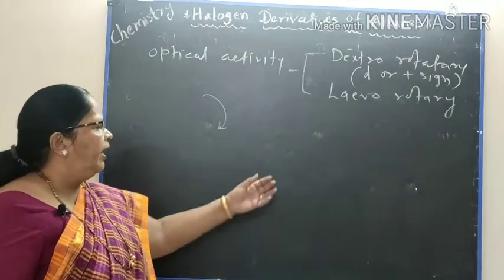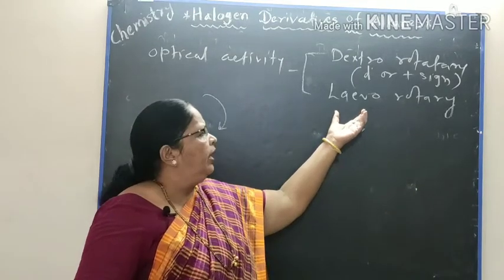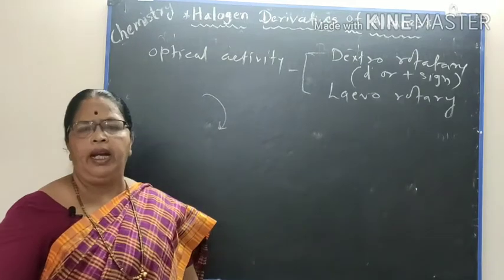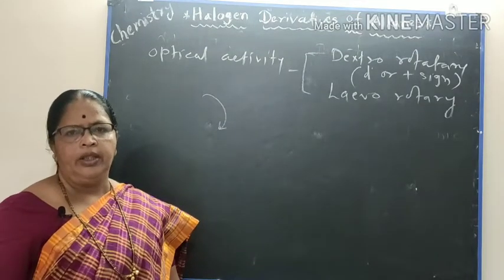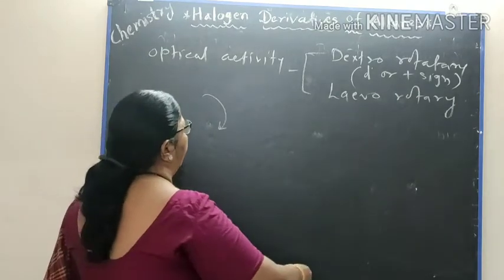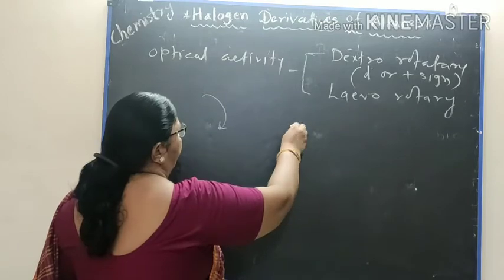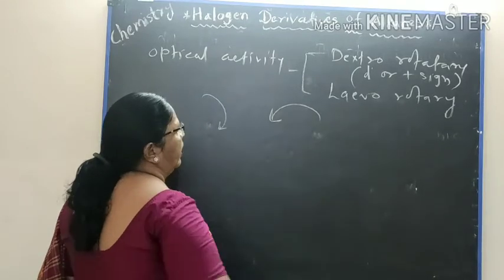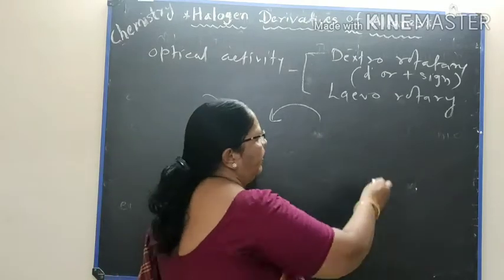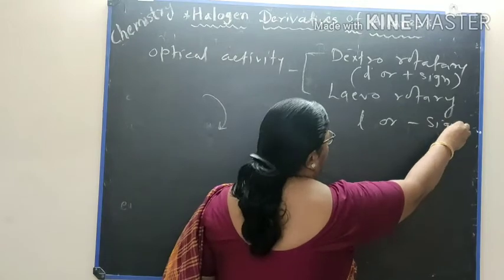Second type, levorotatory compounds. In a levorotatory compound, the plane polarized light rotates towards the left hand side. It is denoted by the small l or the negative sign.